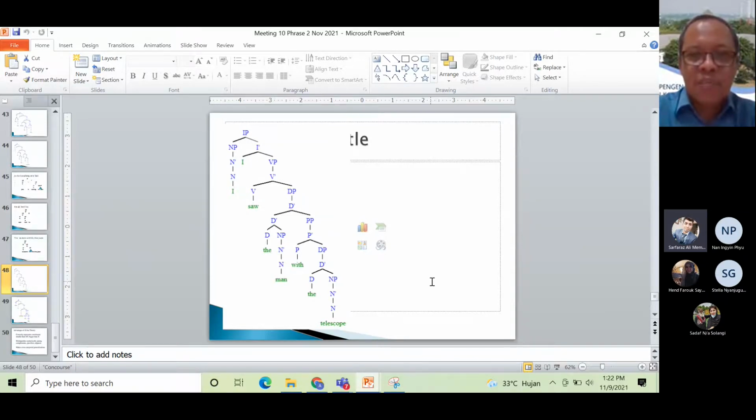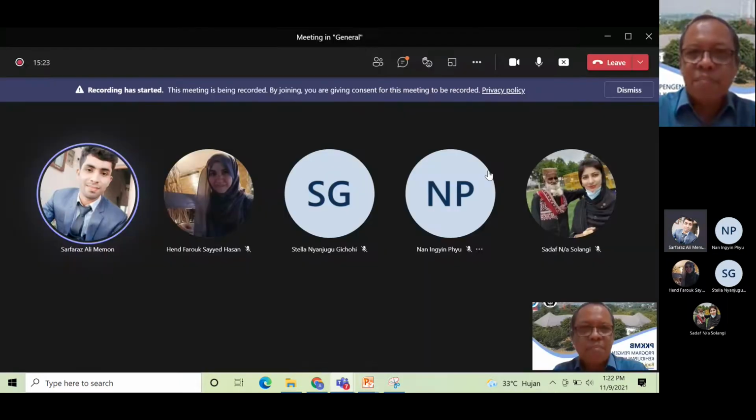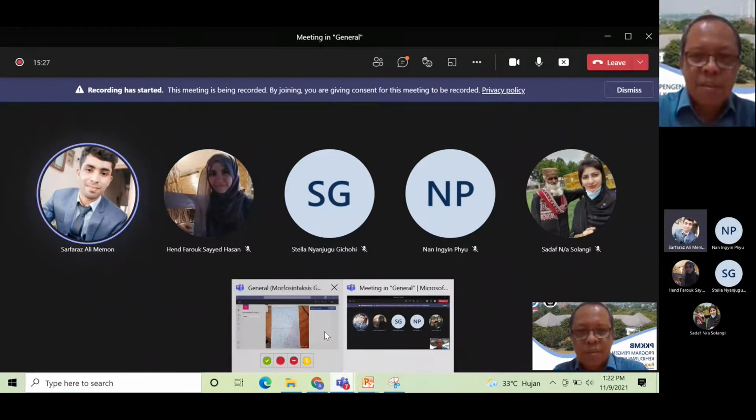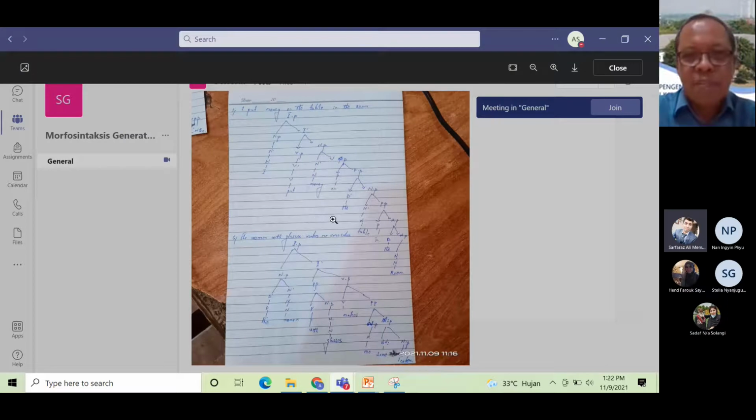Because in the constituent structure that you described, money is a part of VP. You cannot have money as a part of I bar. You get it?